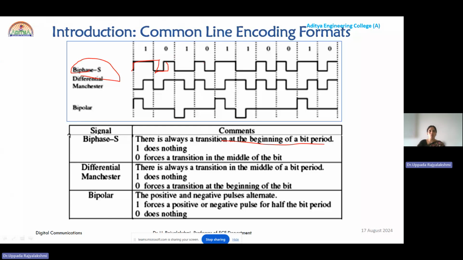And there is always a transition at the beginning of any bit period. And the next one is differential Manchester. There is always a transition in the middle of the bit period.